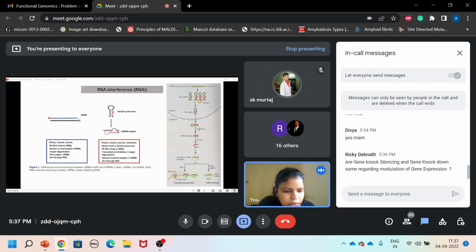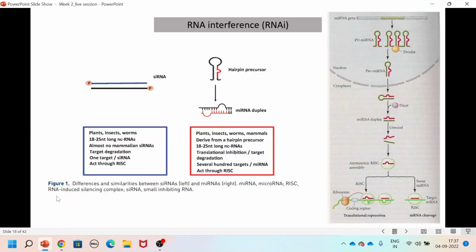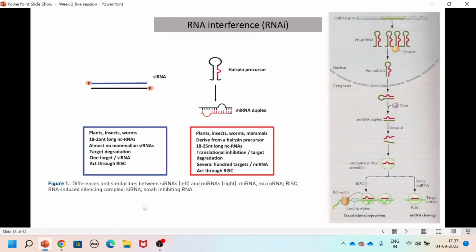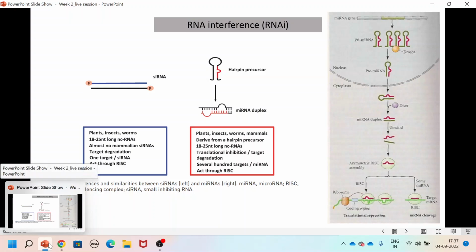Gene knockdown, gene silencing, same regarding modulation of gene expression. So there is a difference between gene knockdown and gene silencing. Sorry, are you asking about gene silencing or gene knockout? Yeah, this is similar if we are talking about gene expression.